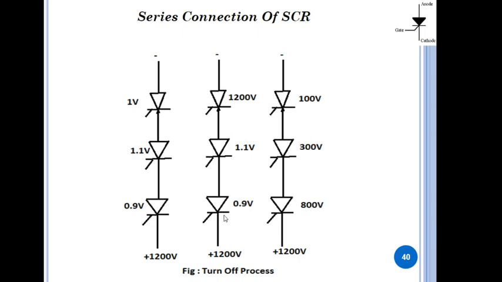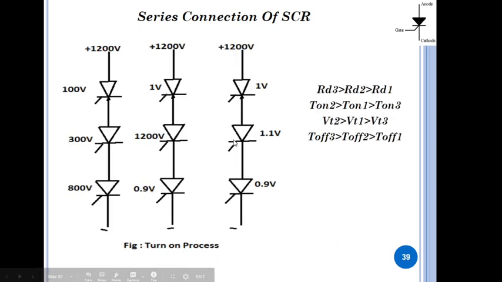The next figure represents that one SCR is recovered. Out of these three, as per the assumption, the turn off time of SCR number 1 is the smallest compared to the other two.